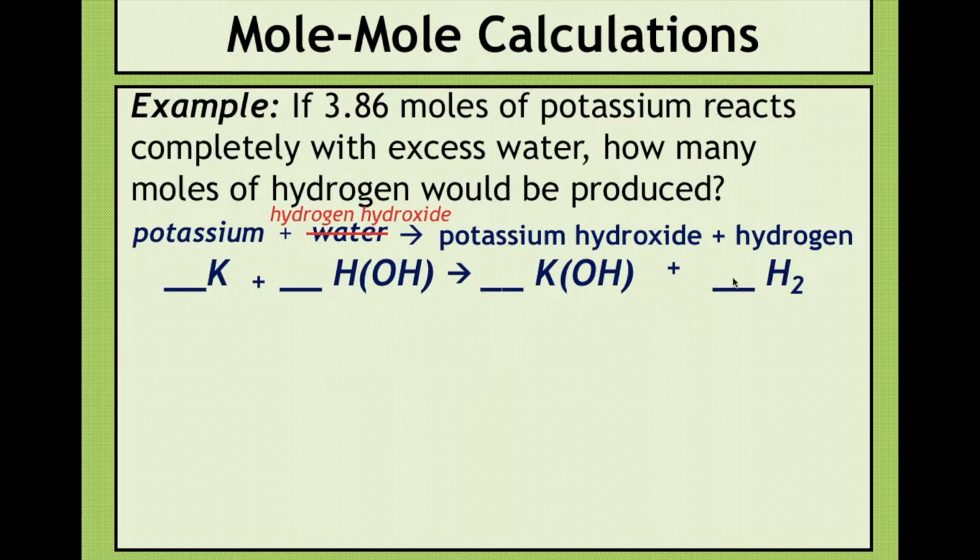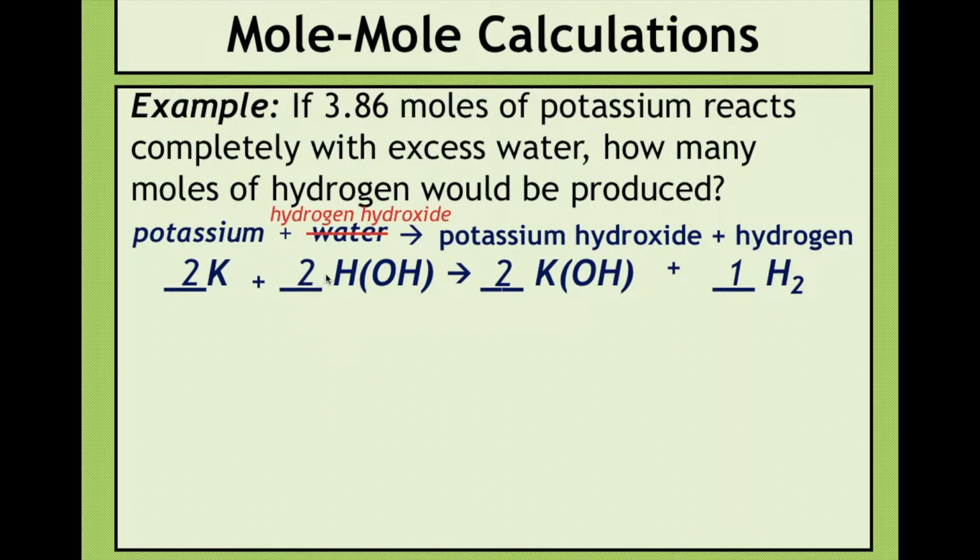Once we balance this, we have our ratios of how much of each substance we will have in the reaction. So you have 2 moles of potassium. You have 2 potassiums here and 2 potassiums here.